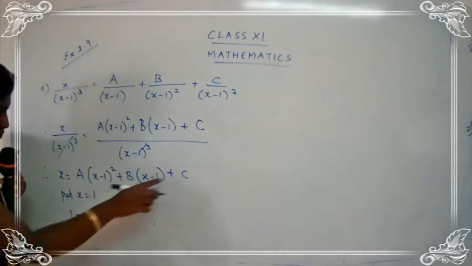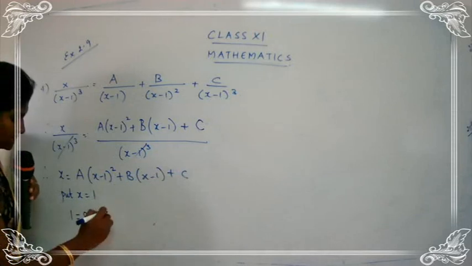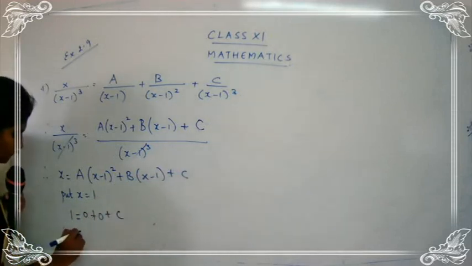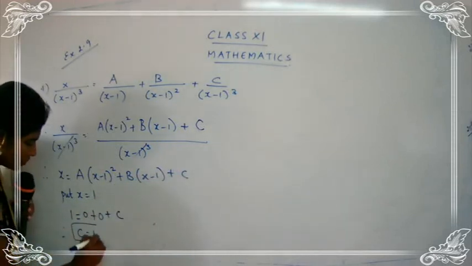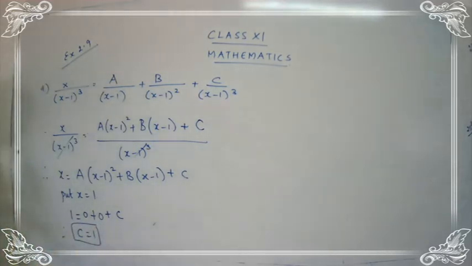So 0 plus 0. Now here no x term, so this is c as it is. So we have found the value for c. Yes children? What is the value for c? c is equal to 1. So I have assumed the value for x as 1 and we got the value for c as 1.